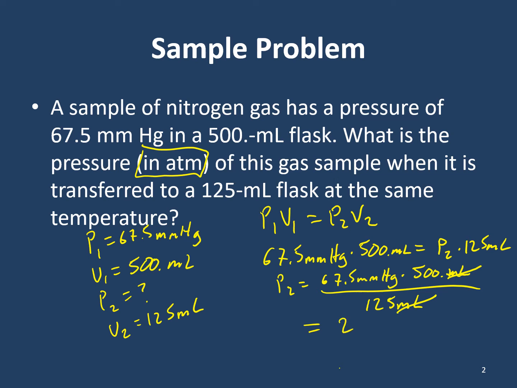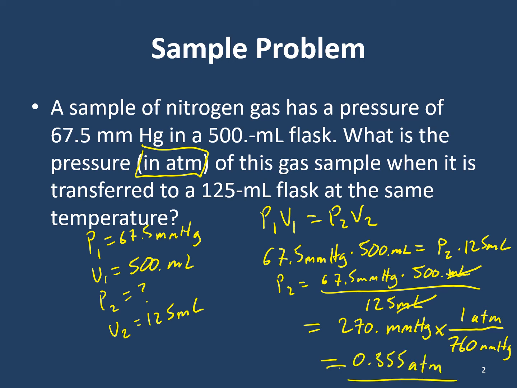This gives us 270., with a dot there for sig fig purposes, millimeters of mercury. Now, I don't want that in that unit, so I'm going to divide this by 760 millimeters of mercury in 1 ATM, and this gives me my final answer, which is 0.355 ATMs.